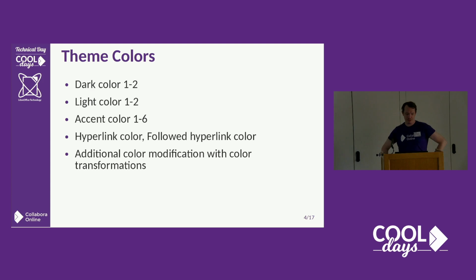And then you have different accent colors from 1 to 6, and hyperlink color and followed hyperlink color. I'm not sure why exactly this is defined here, but it is. In addition, you can change the color by itself when you are using it in text by color transformations.